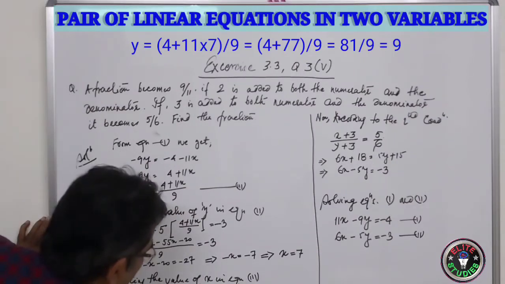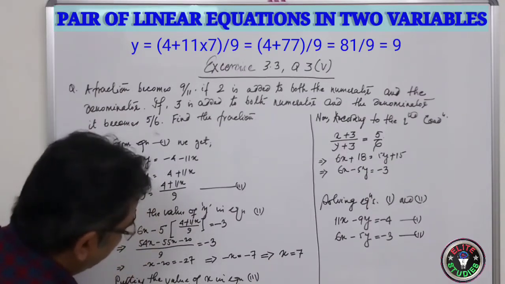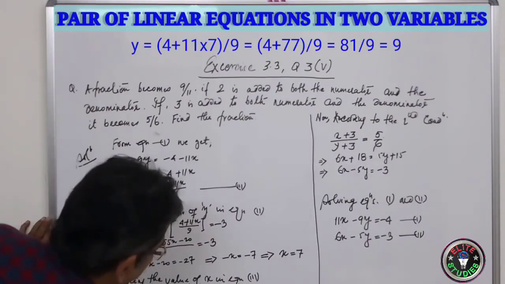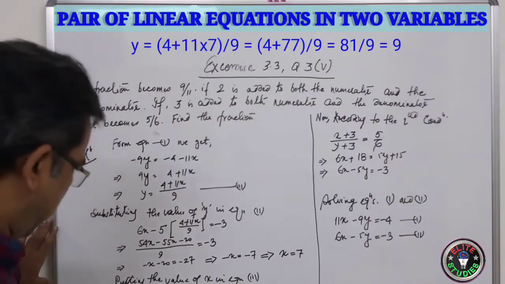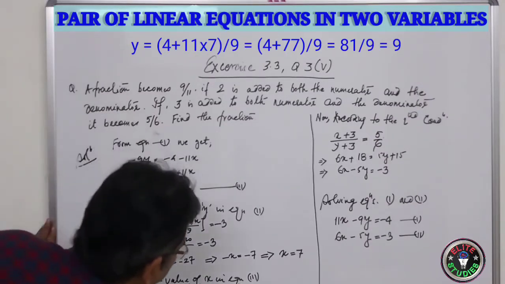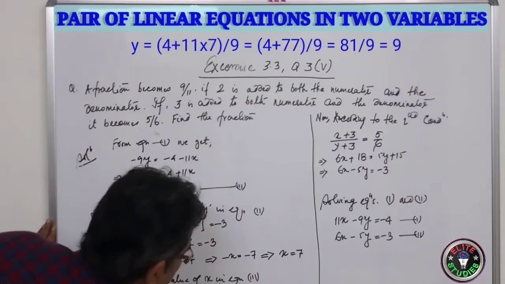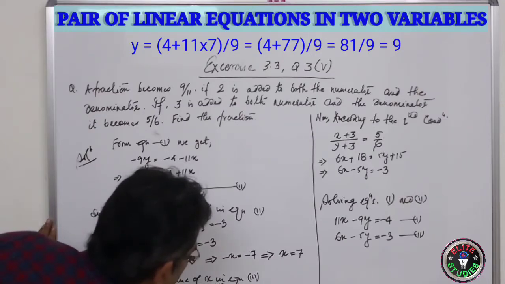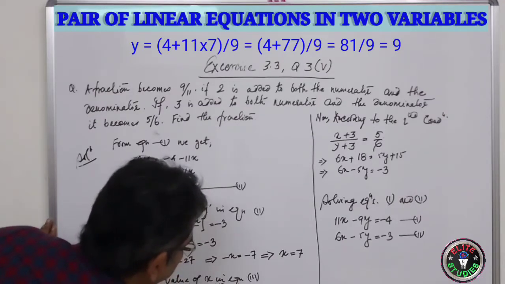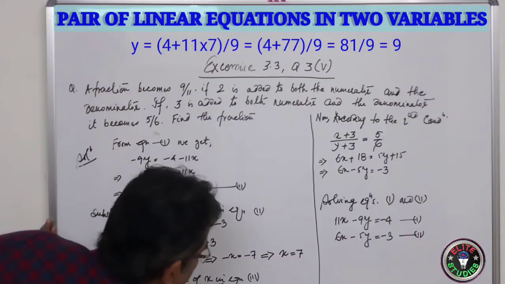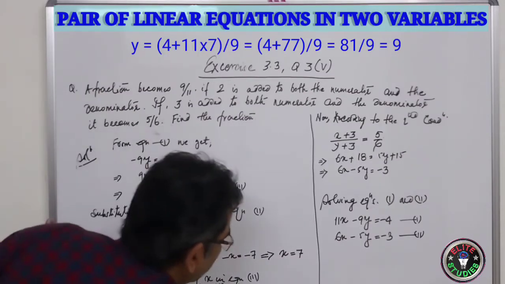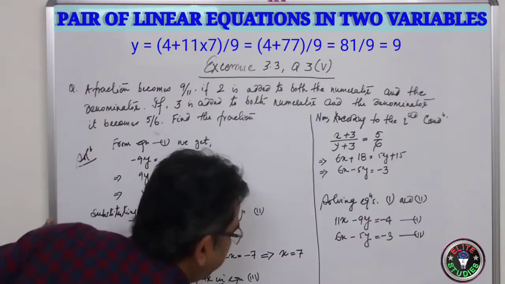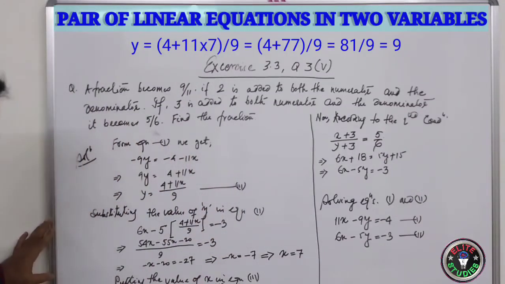It will be (4 plus 11 times 7) by 9. So it will be equal to (4 plus 77) by 9. So it will be 81 by 9, which is equal to 9. So we got y is equal to 9.